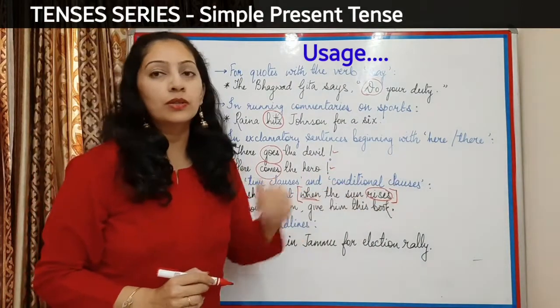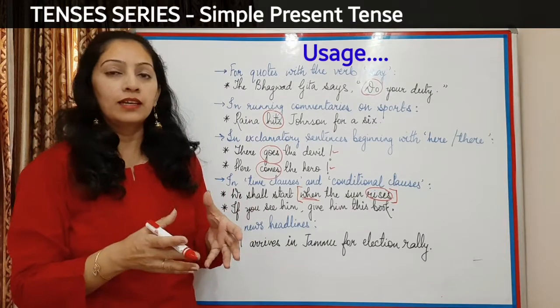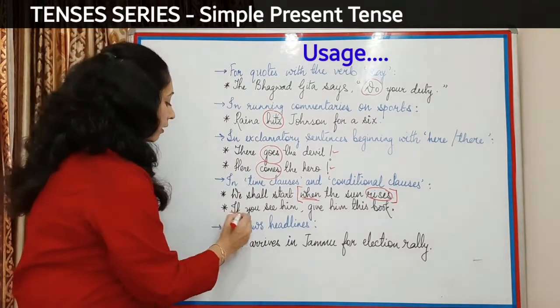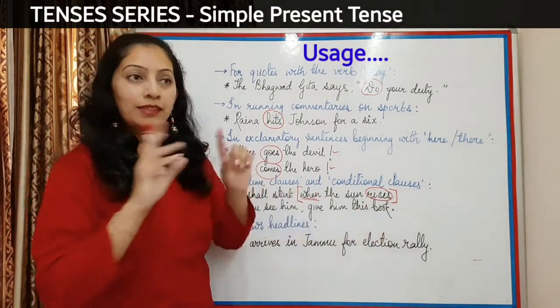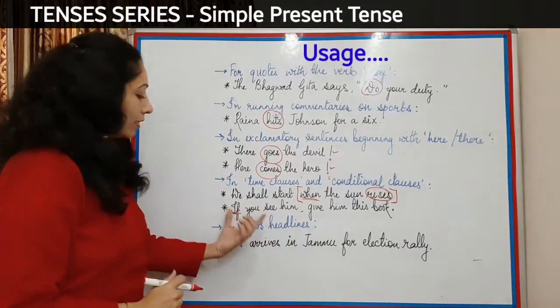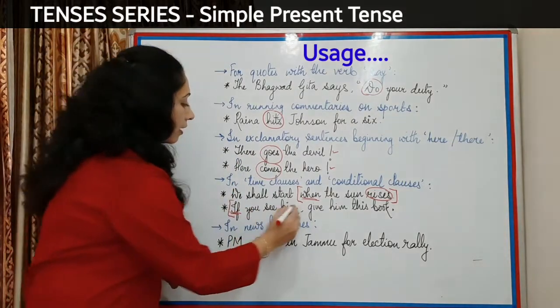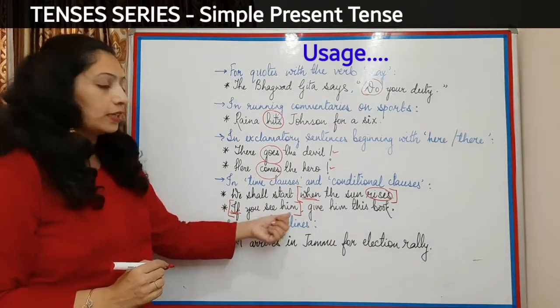Now what are conditional clauses? Conditional clauses are those clauses which give us a condition, and generally they start with if. Like, if this happens, then what will be the result? So in that sentence we have a condition and we have a result. So I can pick out the conditional clause in the sentence: if you see him.